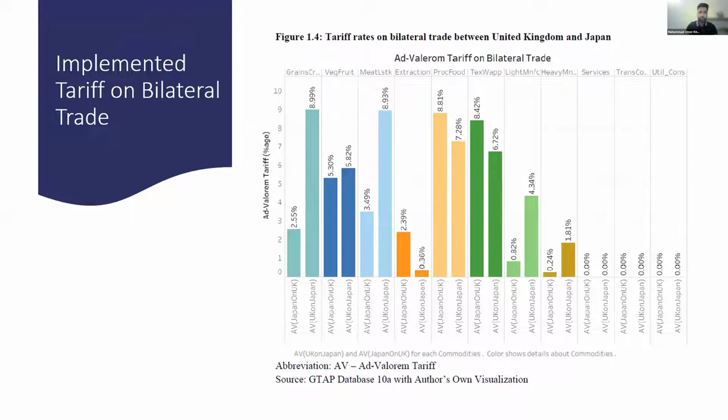What we basically do is we open and run GTAP. It's licensed software; you purchase the data for thousands of dollars, and then we give it specific shocks. If you are interested in decreasing the tariffs by, for example, 50%, you go to the specific commodity, for example grain crops.